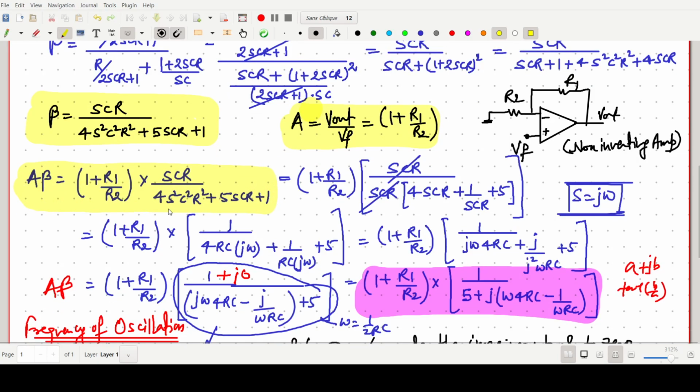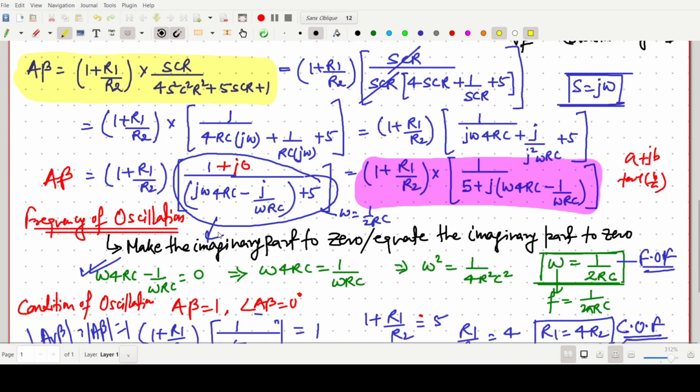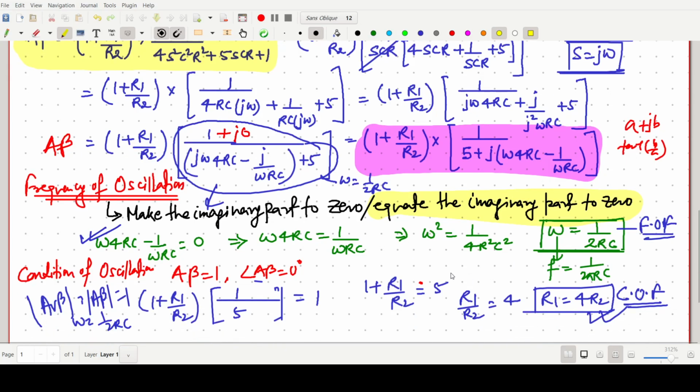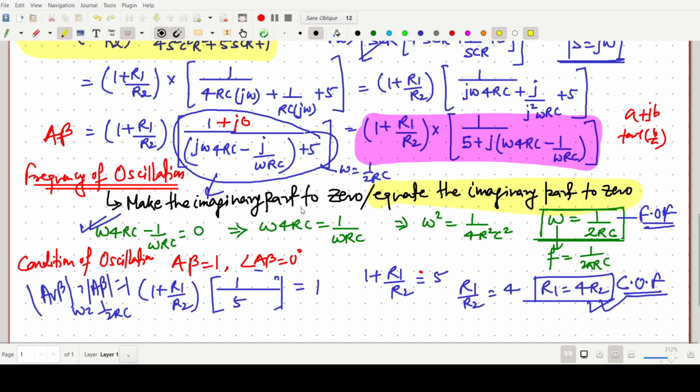And then after, if we equate the imaginary part to 0, it will give the frequency of oscillation. Then if the magnitude we take 1 by keeping the value of omega, in this case it will give 1 by 5 into 1 plus r1 by r2. It will give the condition of oscillation. So this is all about this question.